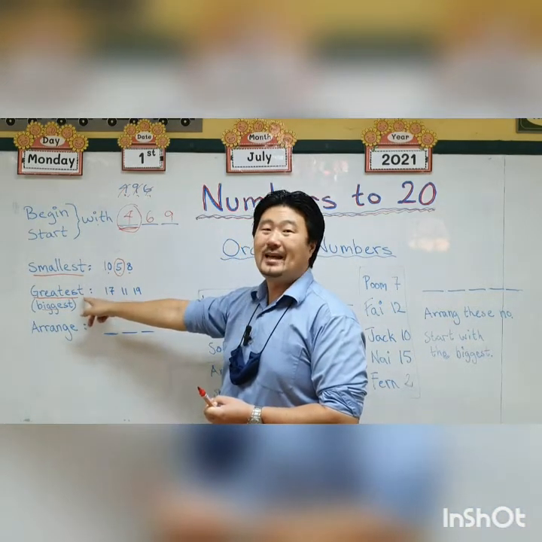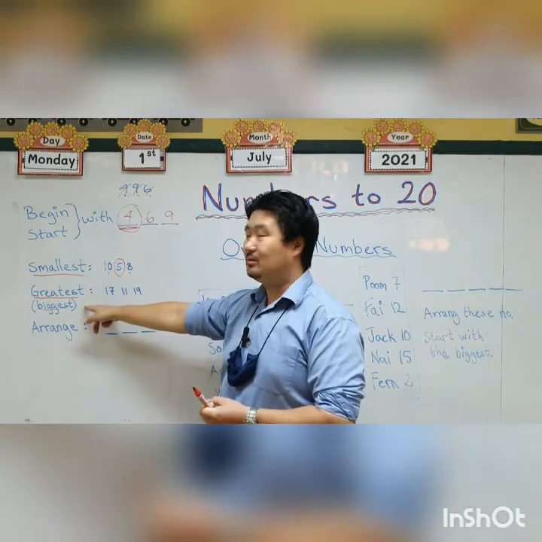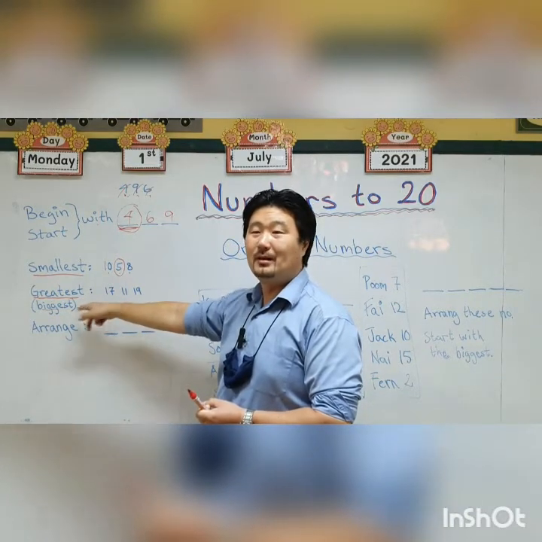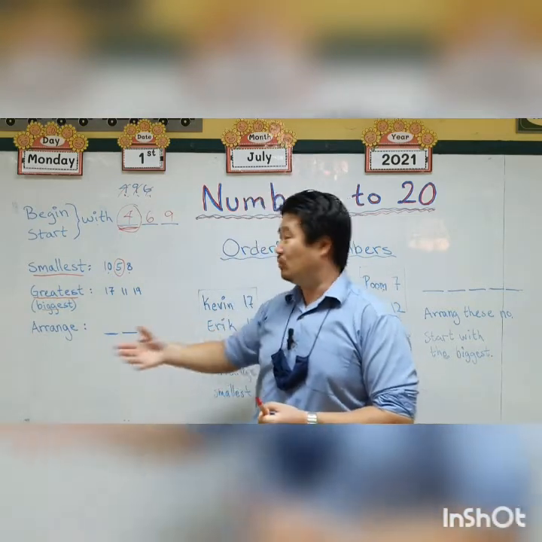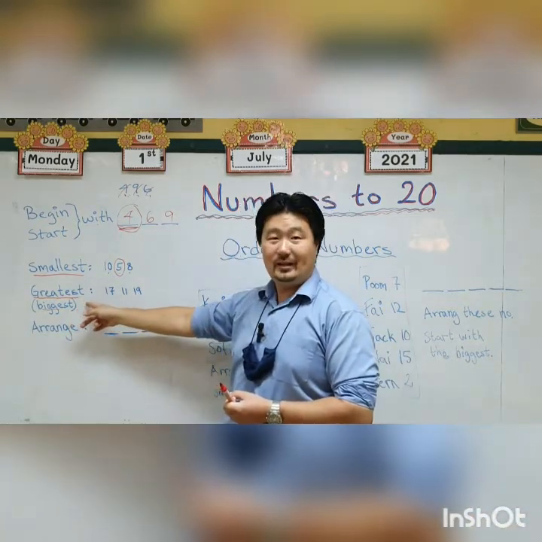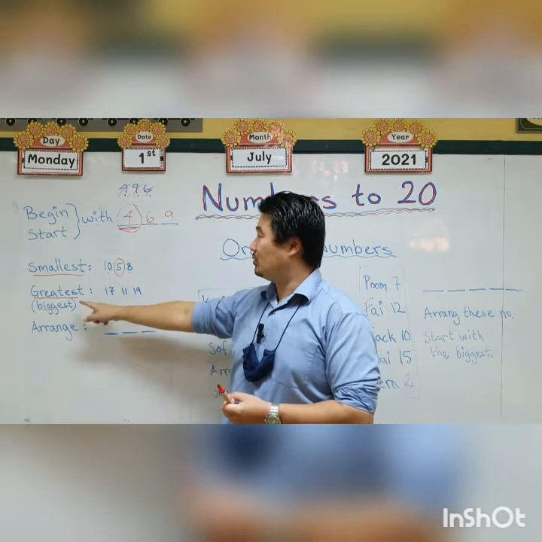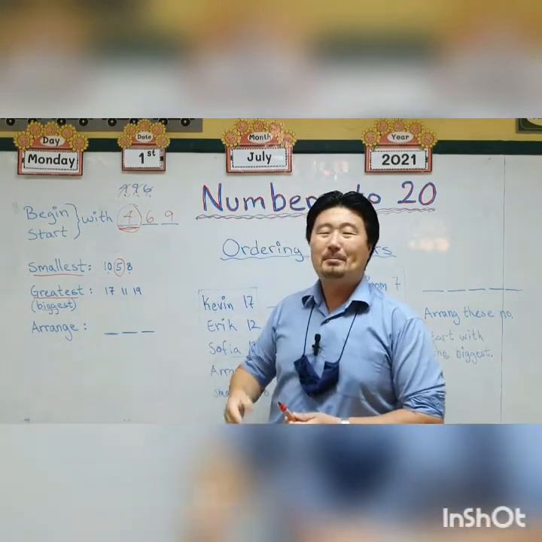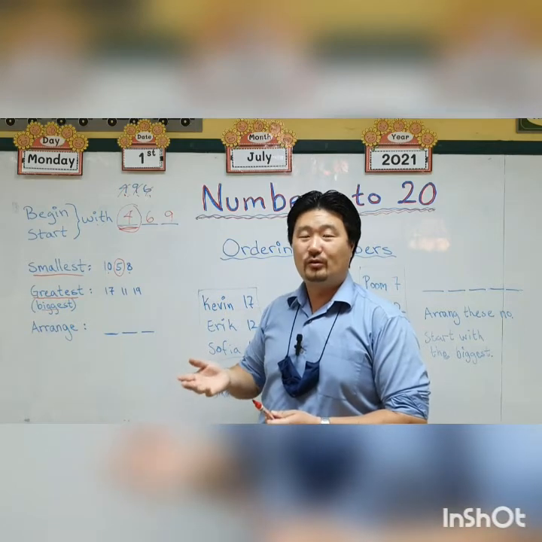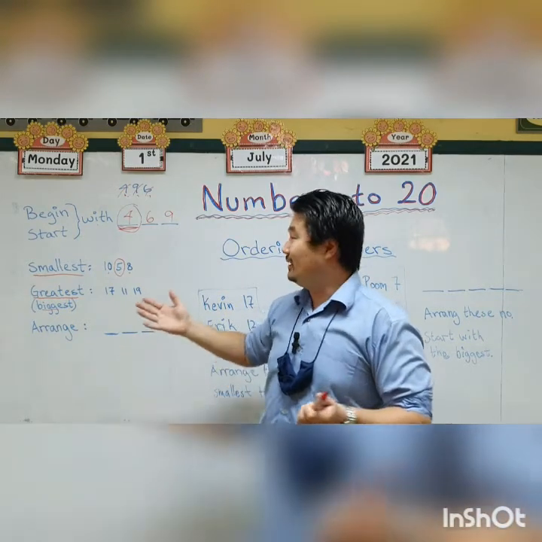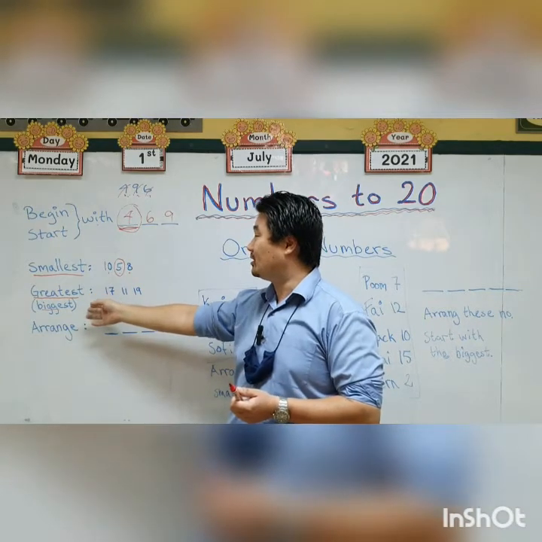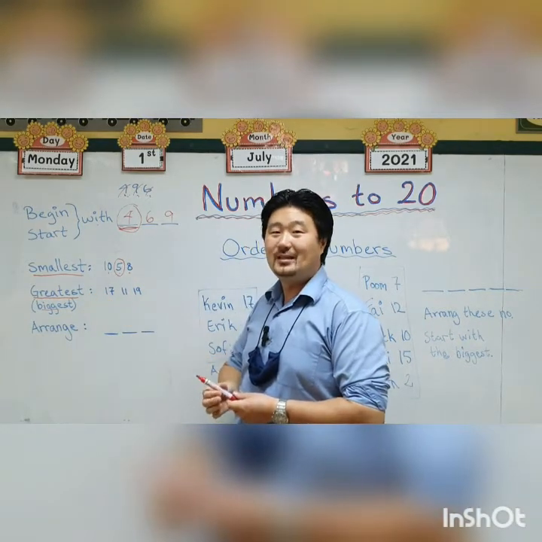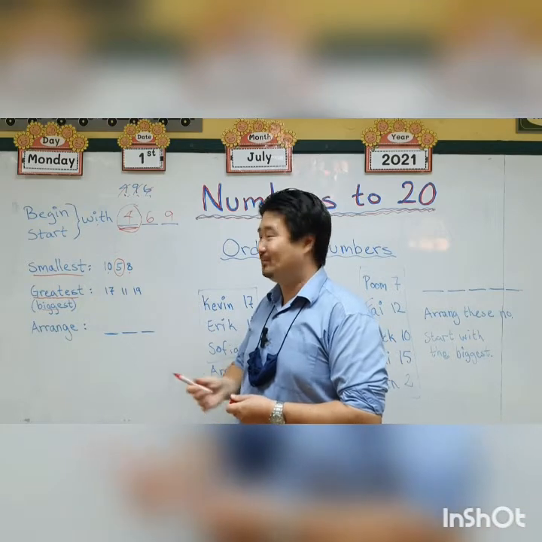But people, when they speak English, will more often use the word biggest instead of greatest. So greatest is a mathematical word. It is more correct mathematically to say greatest than biggest. But in this case, they mean the same thing.